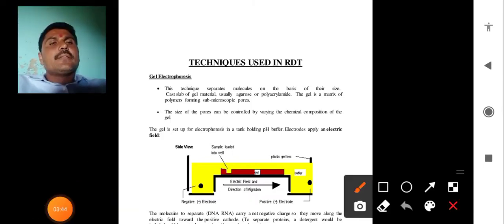What we see, the gel electrophoresis technique separates molecules on the basis of their size.